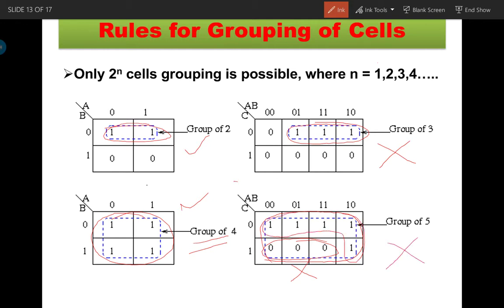So this is not allowed. Okay, so only grouping of 2 raised to power n cells is possible, that is 2, 4, 8, 16, 32, like that, right? So this is to remember.